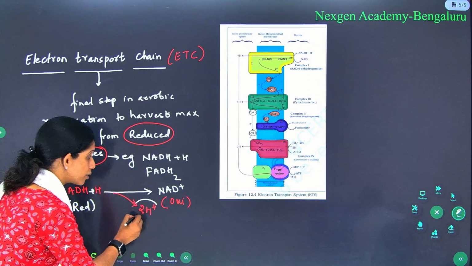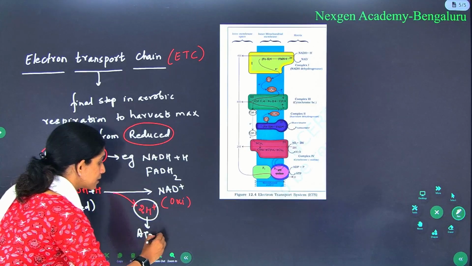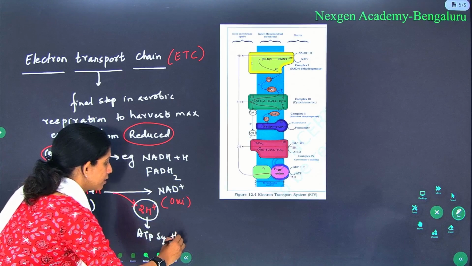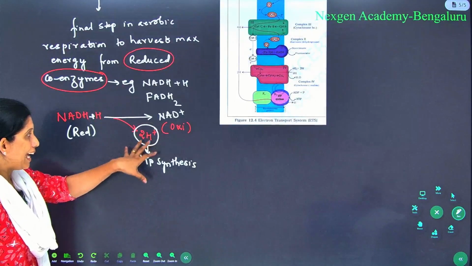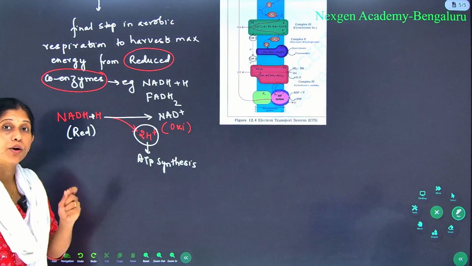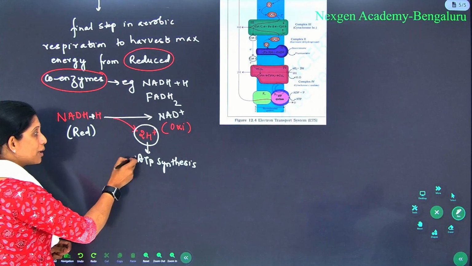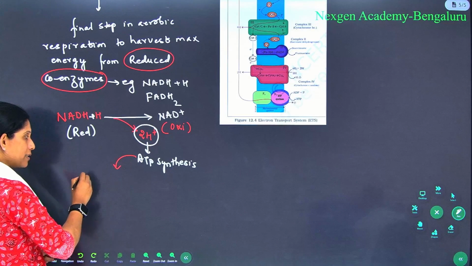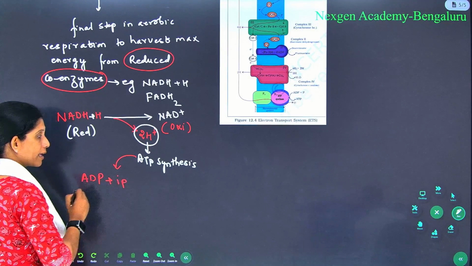Now, this hydrogen molecule helps in the synthesis of ATP. How does this hydrogen molecule help in the synthesis of ATP? Because when we talk about ATP synthesis, always remember ATP is produced from ADP and inorganic phosphate.